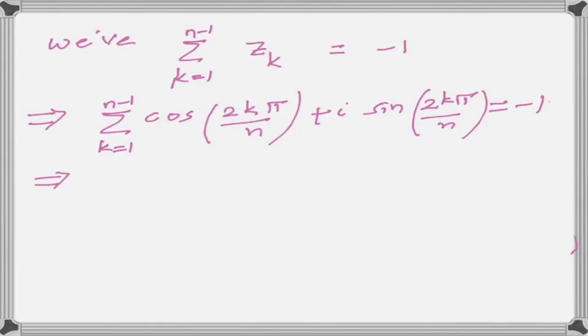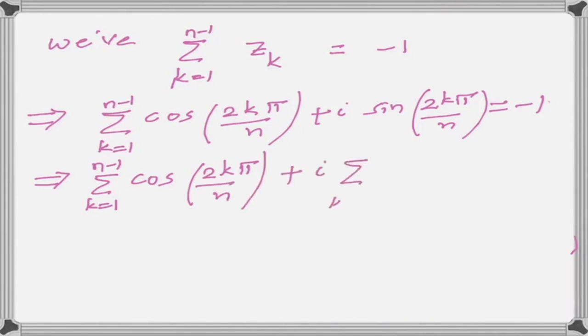Now, separating the real and imaginary part of the complex number on the left hand side, we get that summation k goes from 1 to n minus 1 cos 2k pi by n plus I summation k goes from 1 to n minus 1 sin 2k pi by n is equal to minus 1.